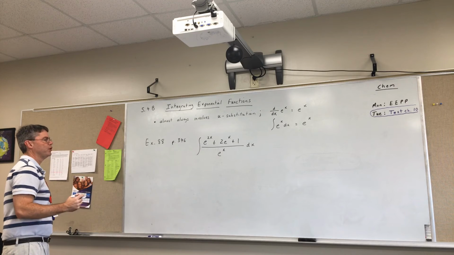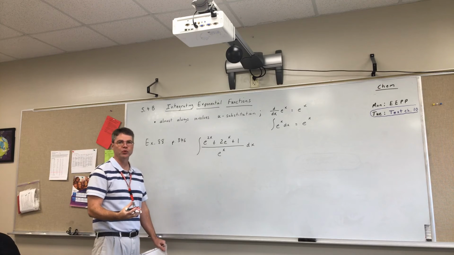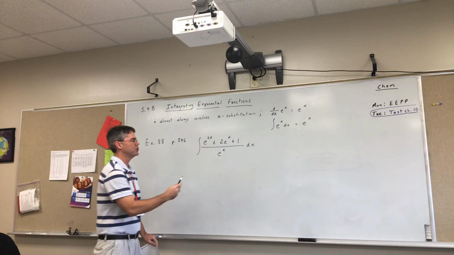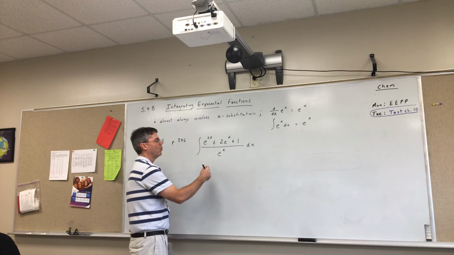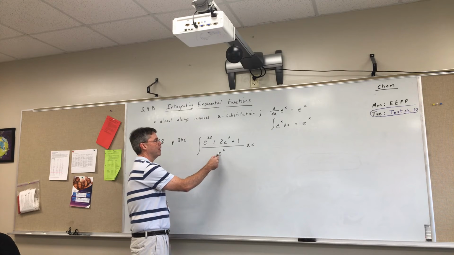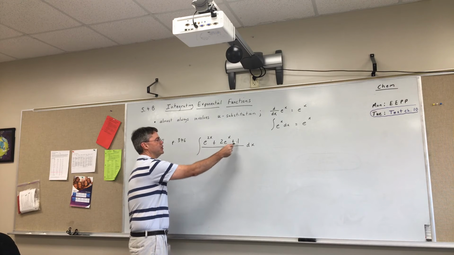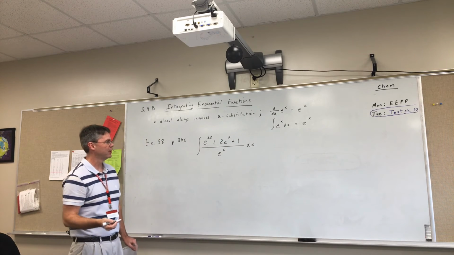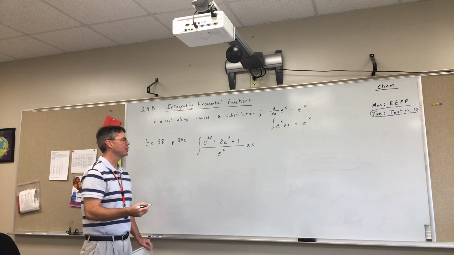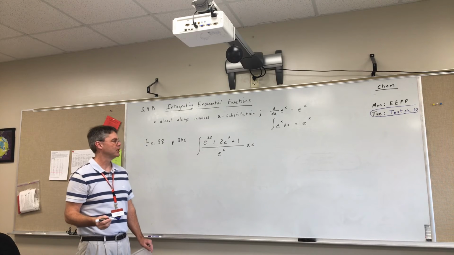Now this is one where you really don't want to enter into u substitution, because since you only have one thing in the denominator, you can divide that into each component of the numerator and simplify this and end up just using the power rule for integration.